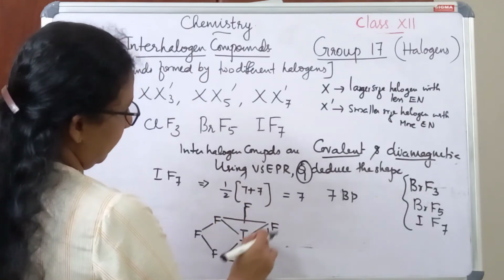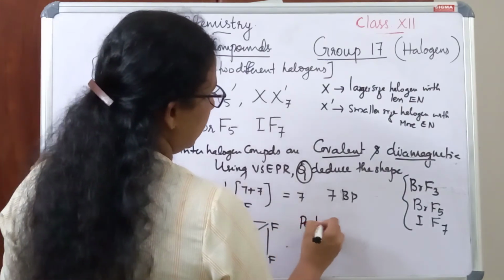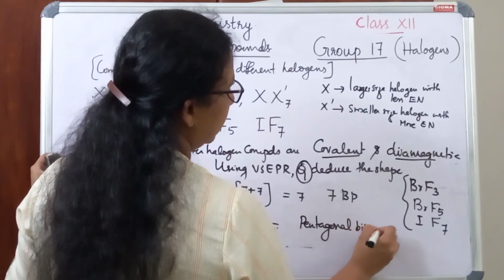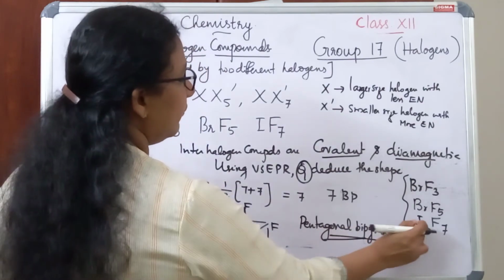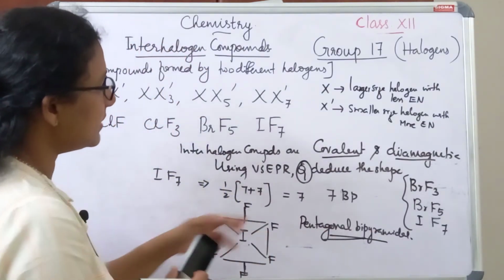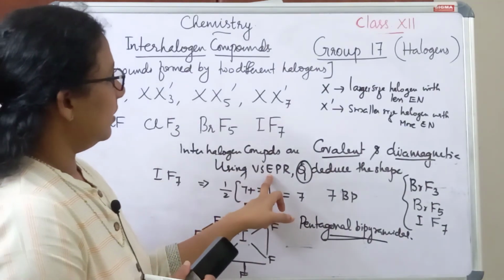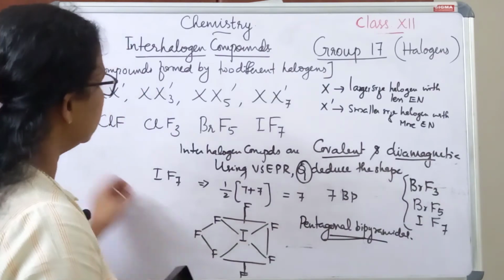So it is a pentagonal bipyramidal structure. So the shape is pentagonal bipyramidal. So this is the shape of IF7. So we can deduce the shape using VSEPR theory of different interhalogen compounds. So these three are very important.